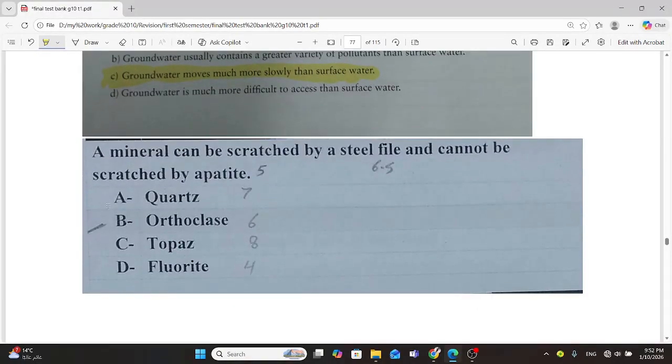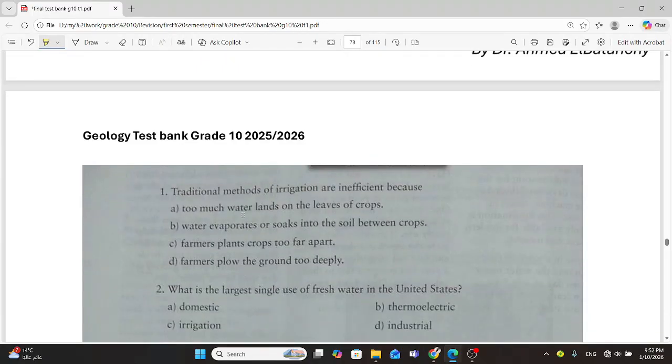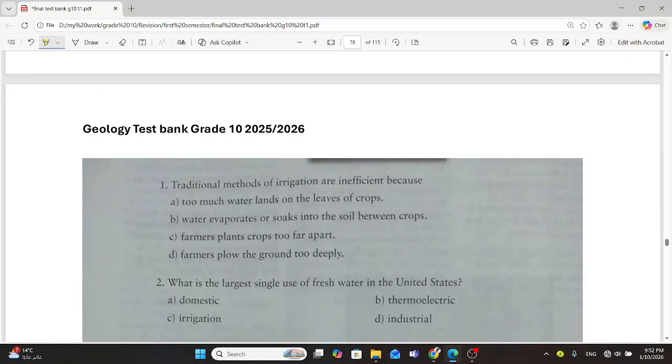A mineral can be scratched by a steel file but cannot be scratched by apatite. So it is between 5 and 6.5. Orthoclase. Traditional methods of irrigation are inefficient because too much water lands on the leaves of crops while water evaporates or soaks into the soil between crops.